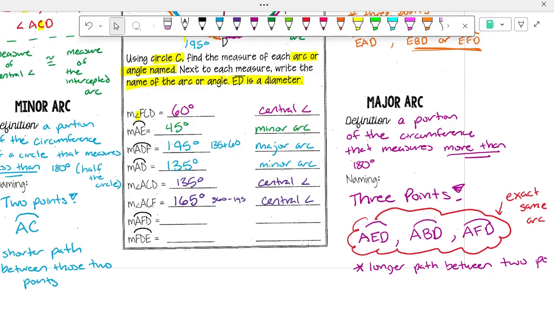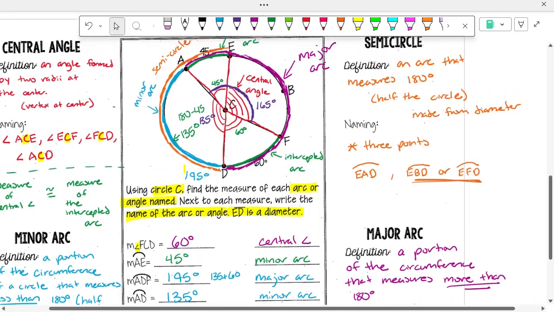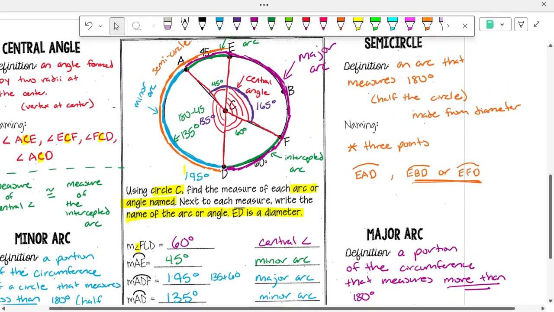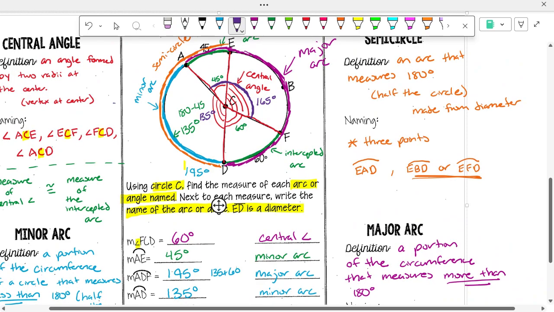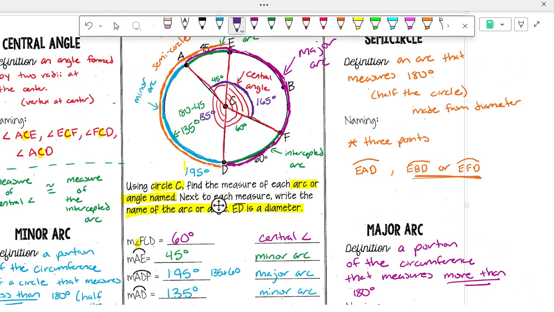All right, then we have AFD. So arc AFD, this big arc right here, the one that I marked as the original major arc. It's not 180. It's not 195. It's 180 plus 45. If you look, this big purple arc right here is the one we're trying to find.